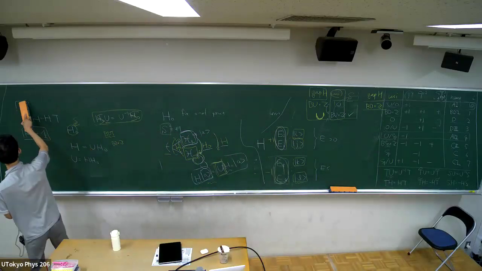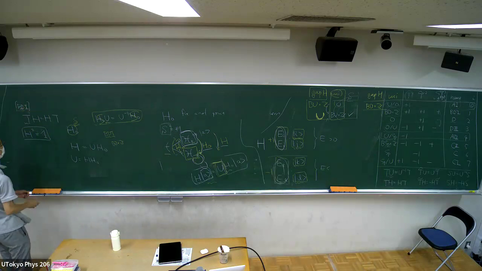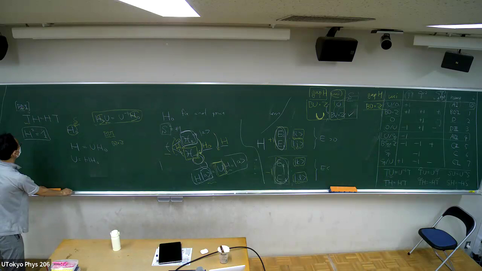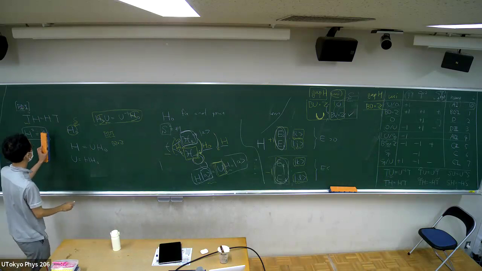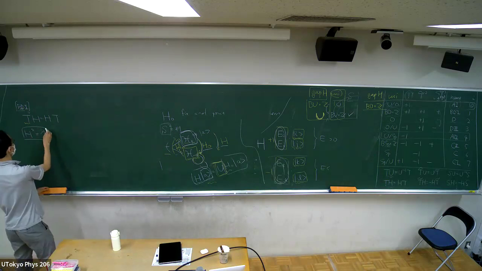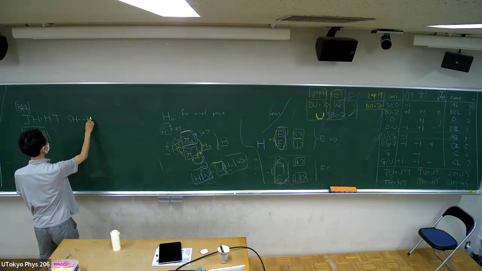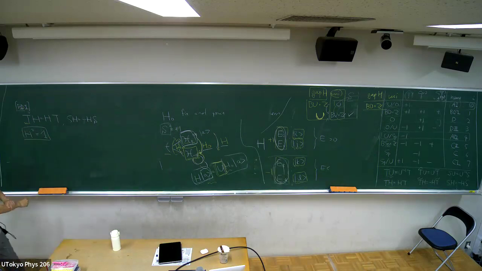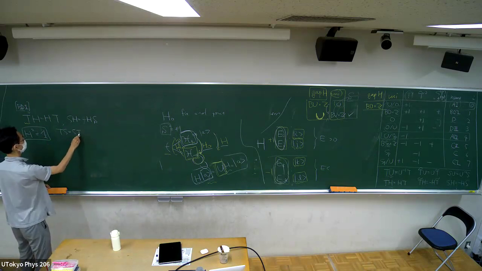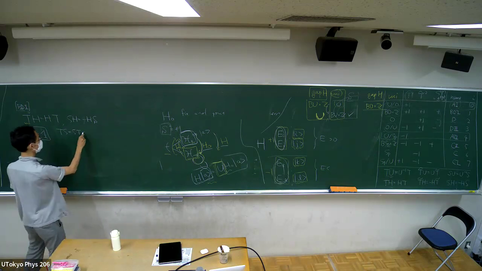Suppose you want to start from BDI, in which the constraints are this one and the SH minus HS, and the TS is ST, and this is T twiddle.